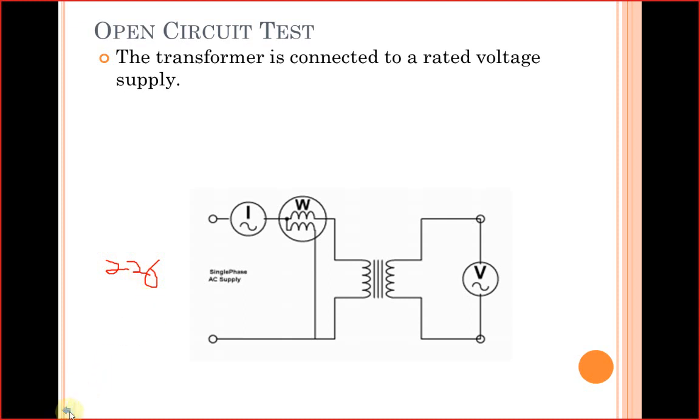So we connect our primary to 220 volts, and then we measure the current and we measure the watts on this transformer. The secondary is open circuited. Now connecting a voltmeter doesn't mean that we have some load on this transformer. Connecting the voltmeter means that it's still an open circuit because the resistance of the voltmeter is very high.